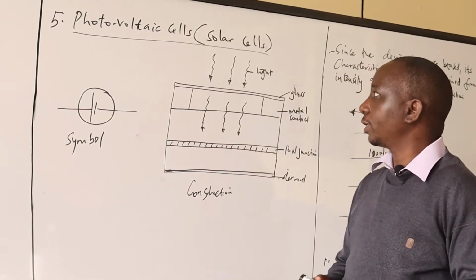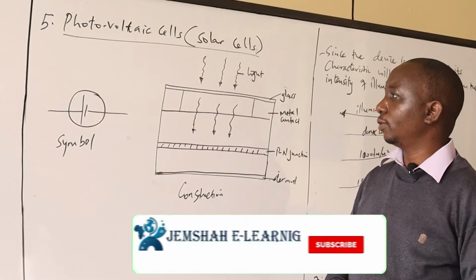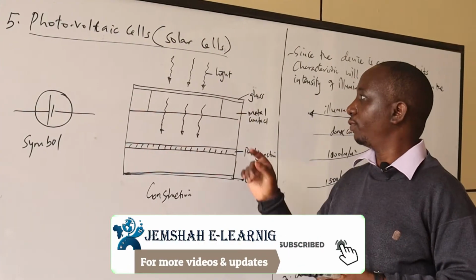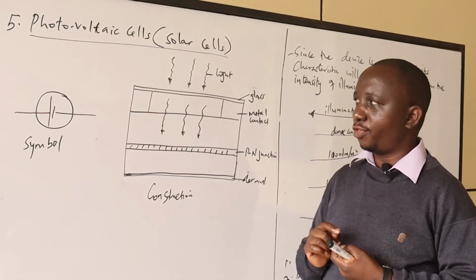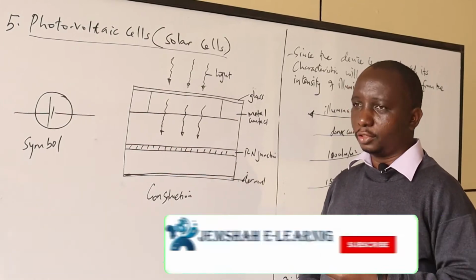When you look at this diagram, there's incident light, and what normally happens with the solar cells is that the surface layer, the glass or the surface layer for protection, is very thin, so that light can easily penetrate all through to the PN junction.